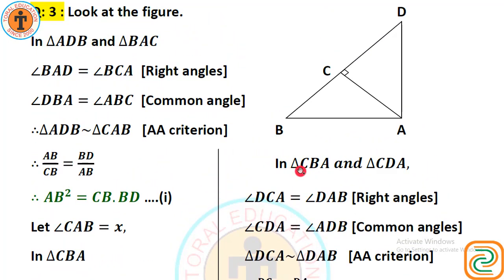In these two triangles CBA and CDA, DCA equals DAB, because this one is a right angle.